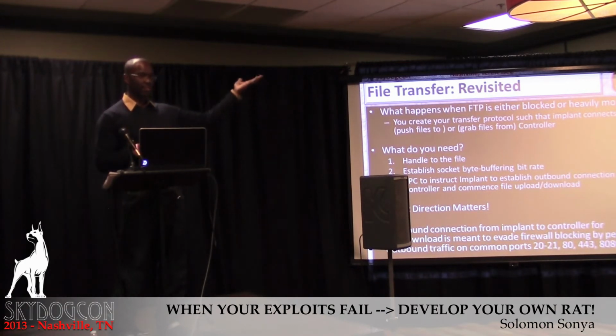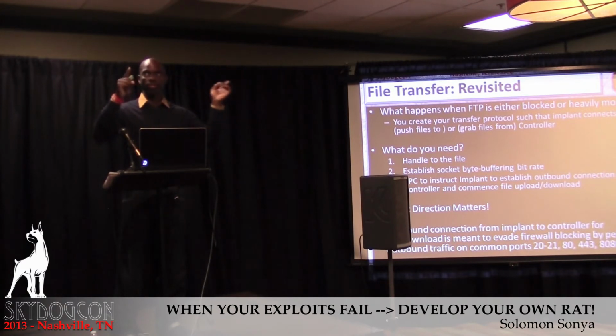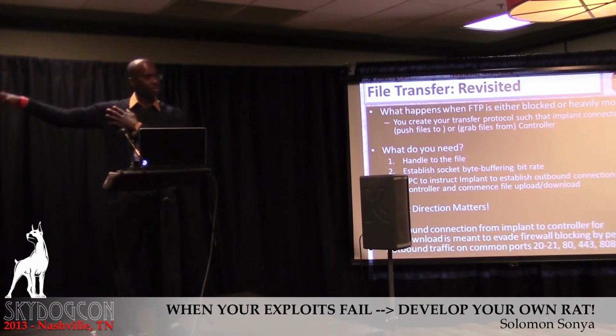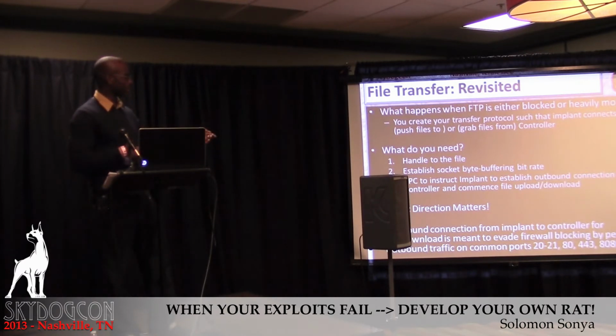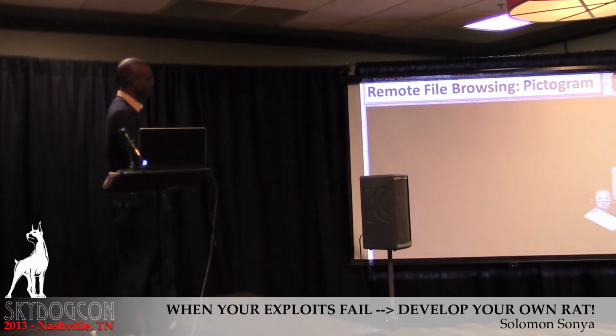The bytes that I read from that file, I simply buffer across the socket, send over to the controller, and now the controller writes every single byte that I received from the implant over to the computer system until I'm finished. And now once the process is complete, I close that socket, and now I actually just exchange files back and forth without having to use your predetermined or your pre-established file transfer protocol. You'll see this in slides to come, so we'll continue.